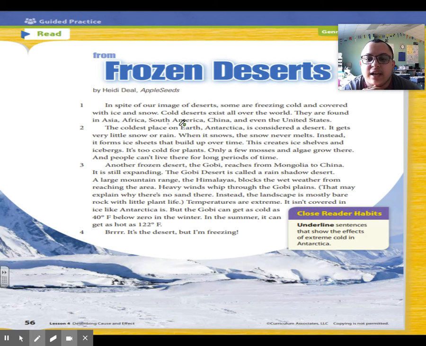They're found in Asia. They're found in all these places. The coldest place on Earth, Antarctica, is considered a desert. It gets very little snow or rain. When it snows, the snow never melts. Instead, it forms ice sheets that build up over time. This creates ice shelves and icebergs. There it was. I knew it was somewhere. It creates ice shelves and icebergs. Well, if we go back to the question, that's one of the answers.